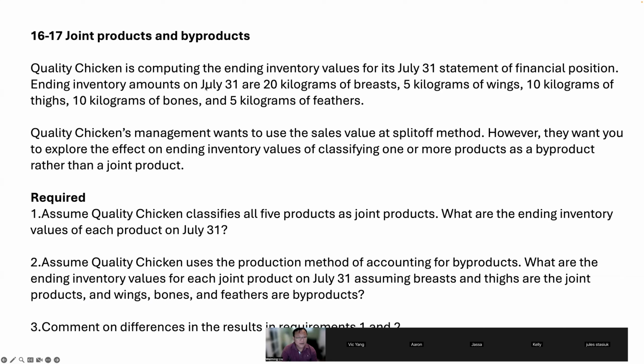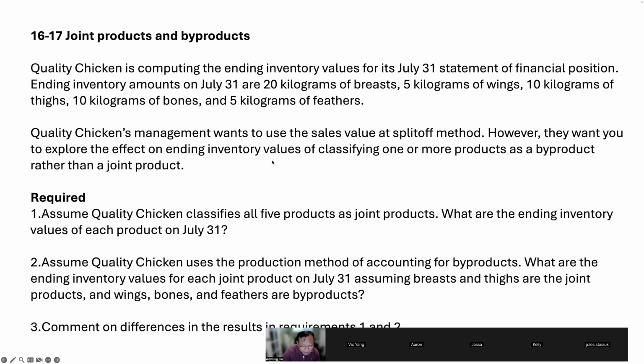The ending inventory amounts on July 31st are 20 kilograms of breast, 5 kilos of wing, 10 kilos of thighs, 10 kilos of bones, 5 kilos of feathers. The company management wants to use the sales value at split off method. However, they want you to explore the effect on ending inventory value of classifying one or more products as a byproduct rather than a joint product.